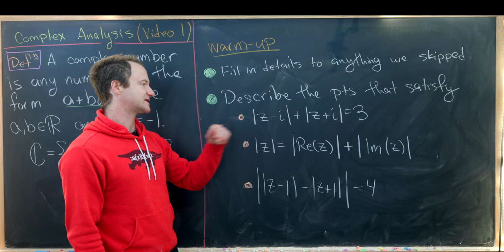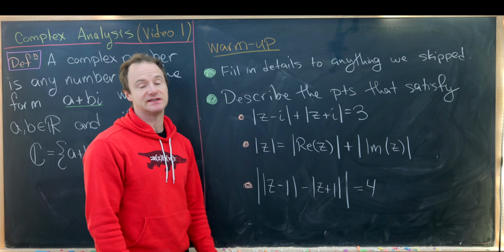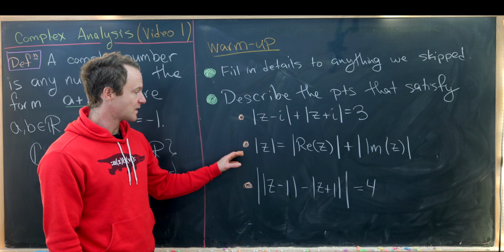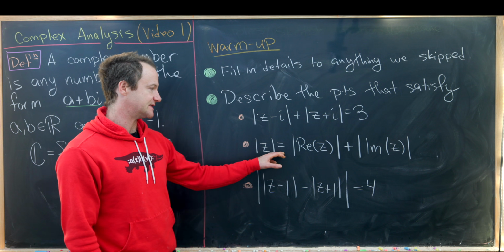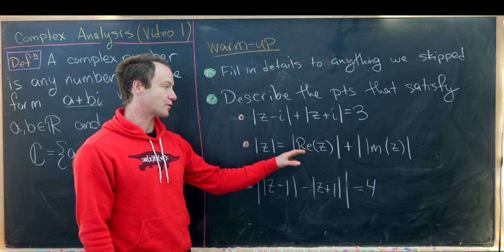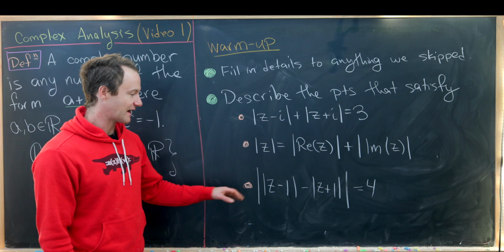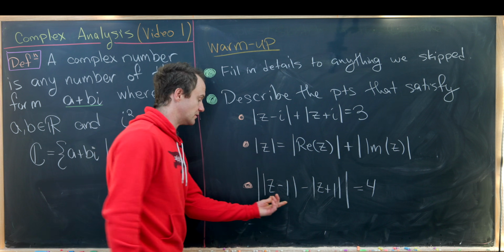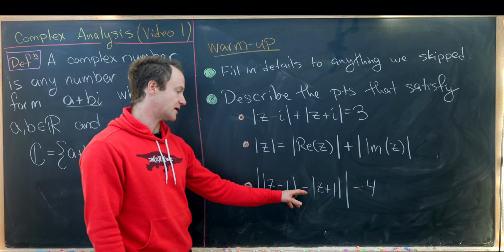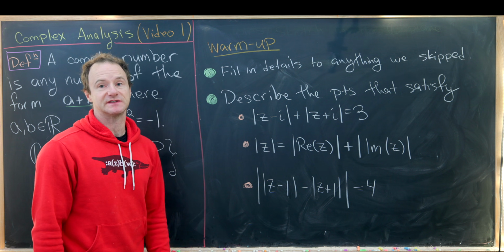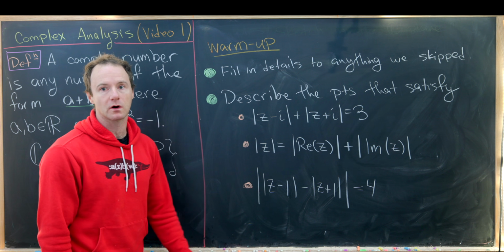So we've got modulus z minus i plus modulus z plus i equals 3. We've got the modulus of z is equal to the absolute value of the real part plus the absolute value of the imaginary part. And finally, we have the absolute value of the modulus of z minus 1 minus the modulus of z plus 1 equals 4.